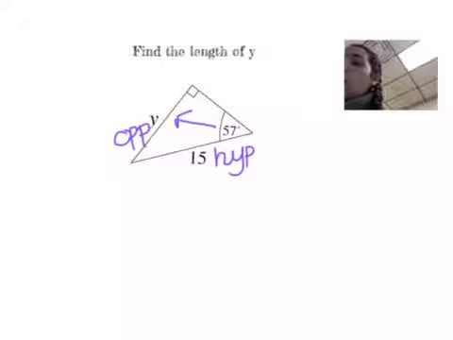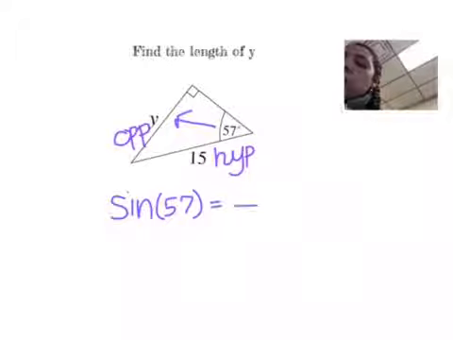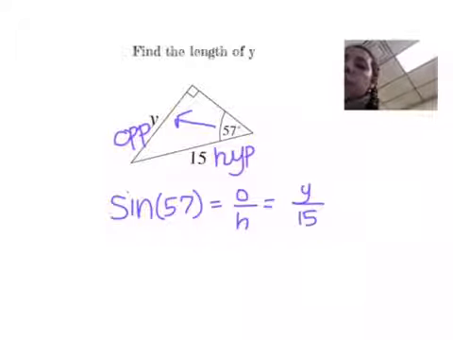So then what you're going to do here is you're going to say that sine of the angle of 57. So basically now we're just setting up our ratio. Sine of 57 is equal to opposite over hypotenuse, and we can replace that with y over 15.